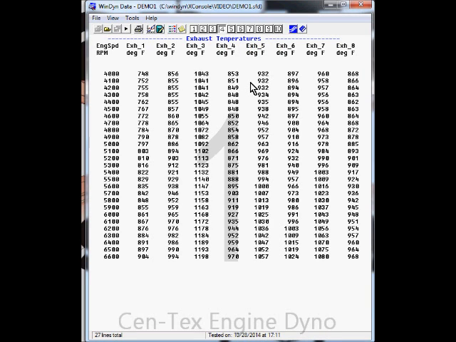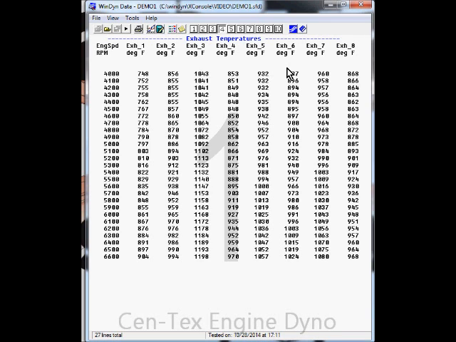Exhaust temperatures is screen 4. Again, a reference column. Exhaust temperatures, not used for tuning too much. We use it to make sure that we don't have anything going lean, in this particular case, because it was a mechanical injection.